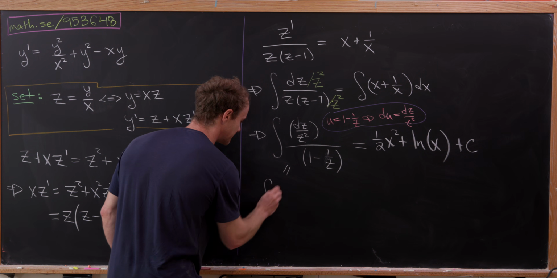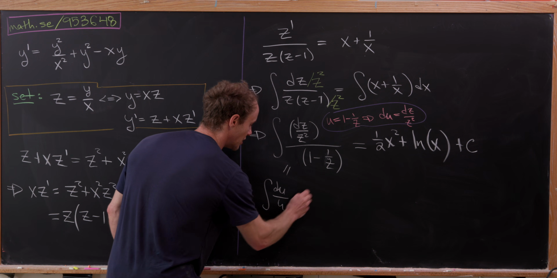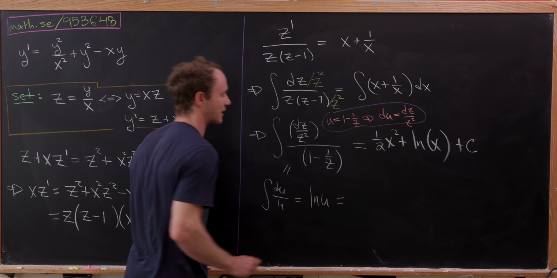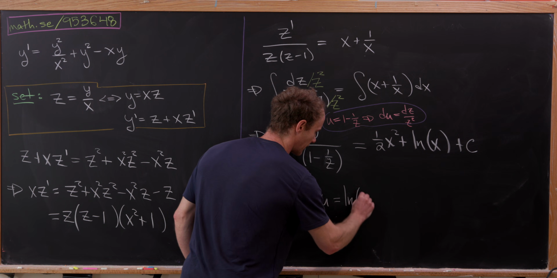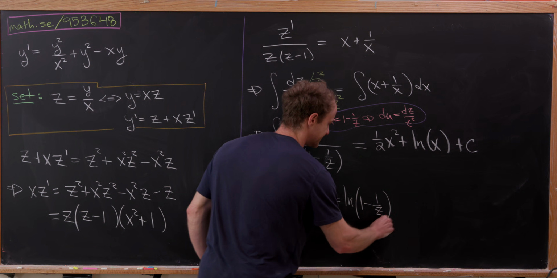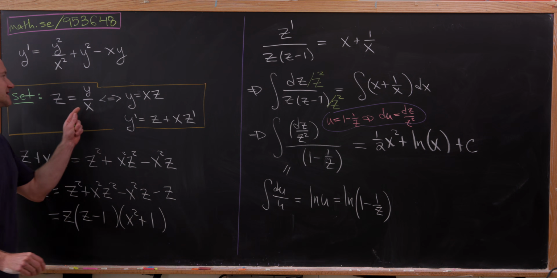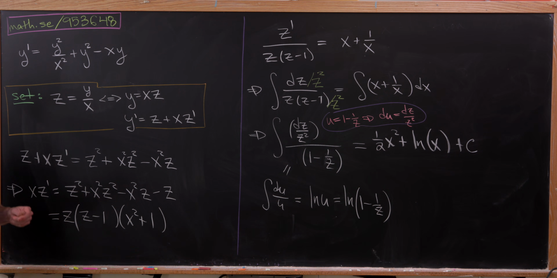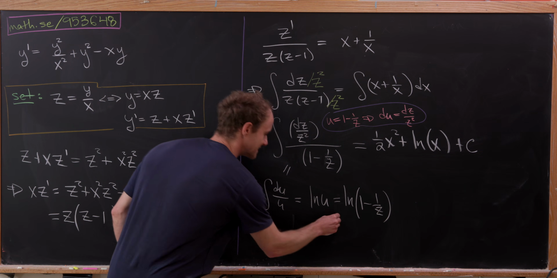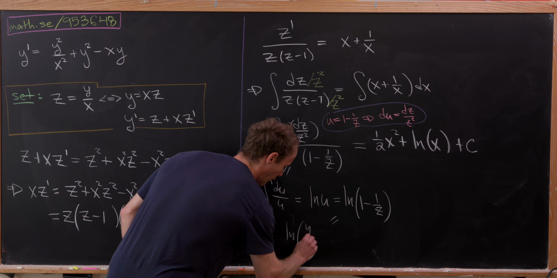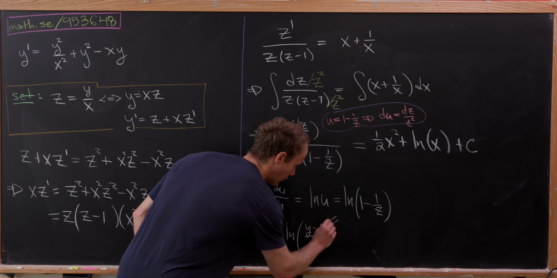So now this becomes du over u, which integrates out to the natural log of u, equals the natural log of 1 minus 1 over z. But now, using the fact that z is y over x, and then moving some things around a little bit, we'll see that this is the natural log of y minus x over y.